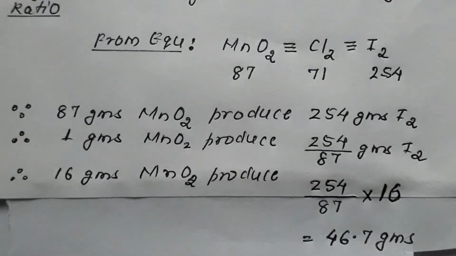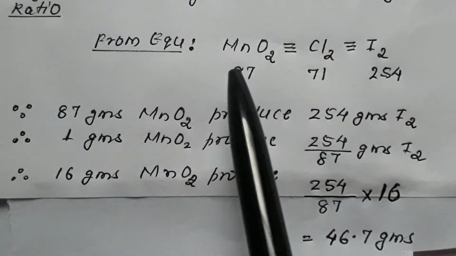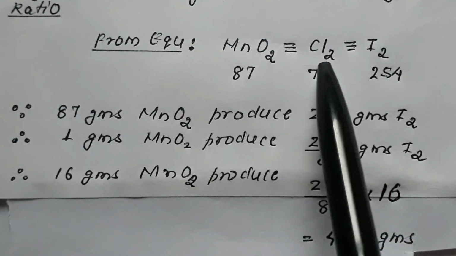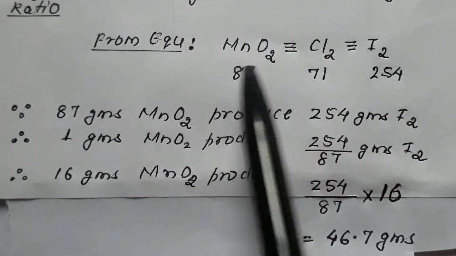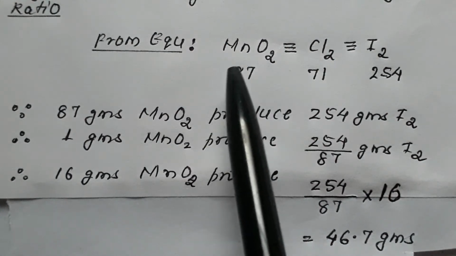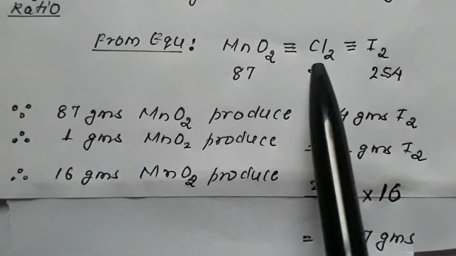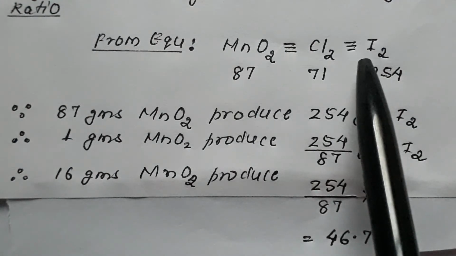Let us relate them. Based on the 2 equations which we have written, we can say that 1 MnO2 is equivalent to 1 chlorine, on the basis of equation number 1, you can check. And in equation number 2, 1 chlorine is equal to 1 iodine.